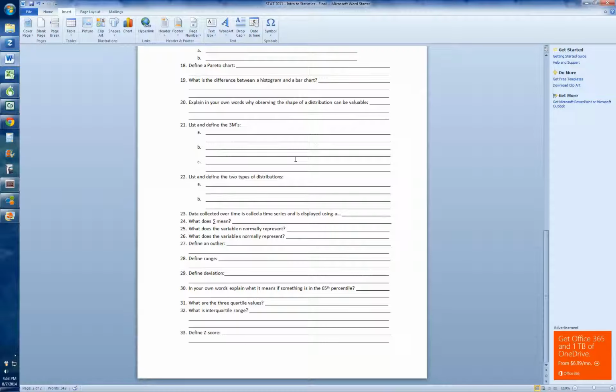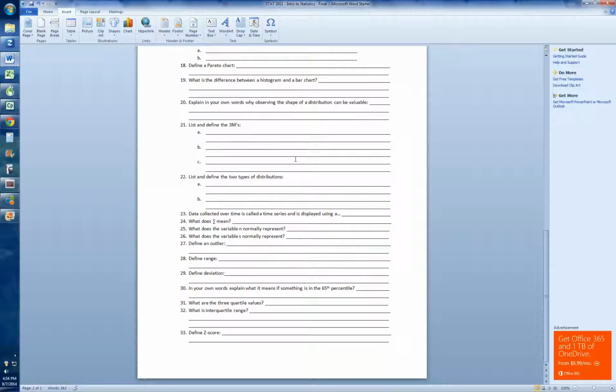Okay. Number 27, define an outlier. An outlier is any observation that is to the extreme on one side or the other from the average, right? Number 28, define range.